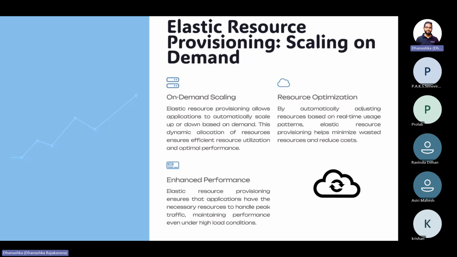Elastic resource provisioning refers to the dynamic allocation and deallocation of computing resources based on workload demand. This capability, enabled by cloud computing, ensures optimal resource utilization, cost efficiency, and consistent application performance, especially under fluctuating demand. Key characteristics are dynamic scaling, on-demand flexibility, pay-as-you-go model, and multi-dimensional scaling.